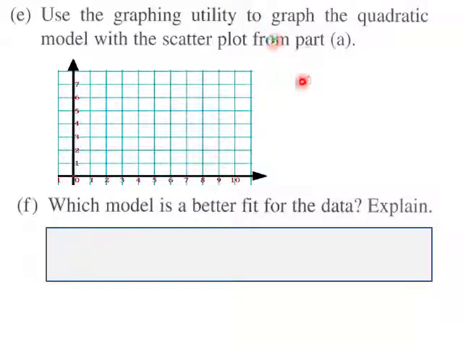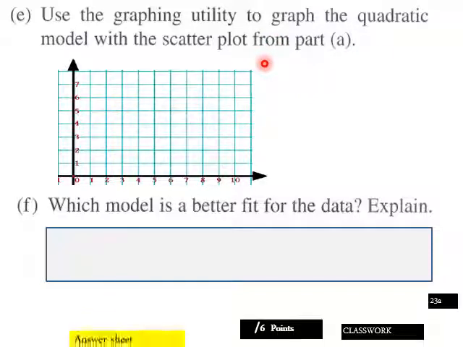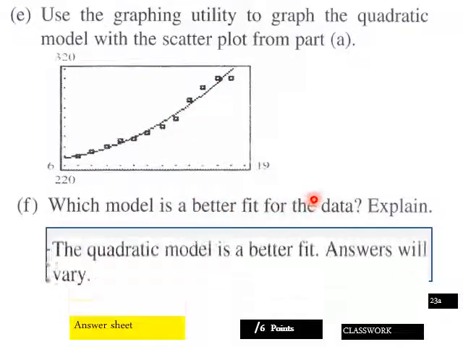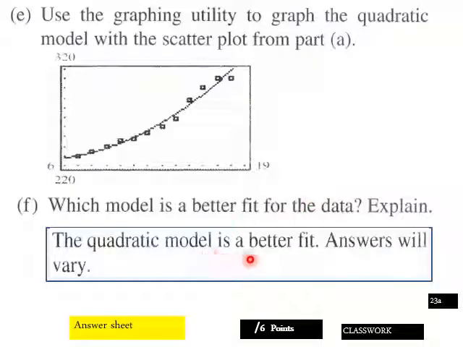Graphing the quadratic with the scatter plot, we have this, which looks pretty good. Which model is a better fit for the data? The quadratic is a better fit. Answers will vary, but the quadratic is a better fit because your R squared number is closer to 1.